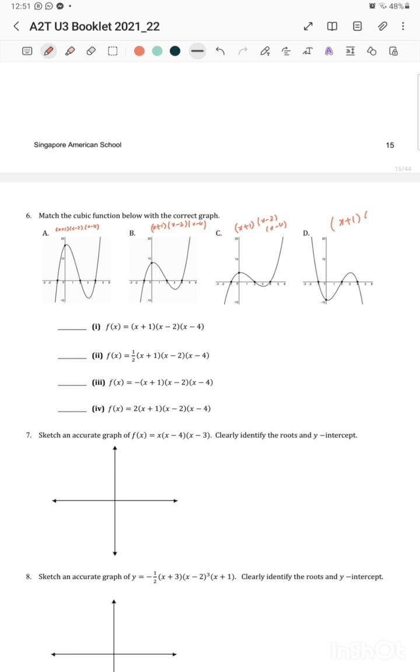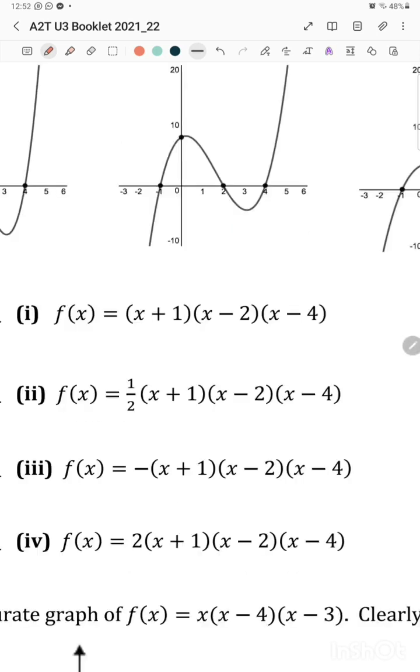Let's find the y-intercept first. It would be by putting x equal to 0: 1, minus 2, minus 4, which is 8.